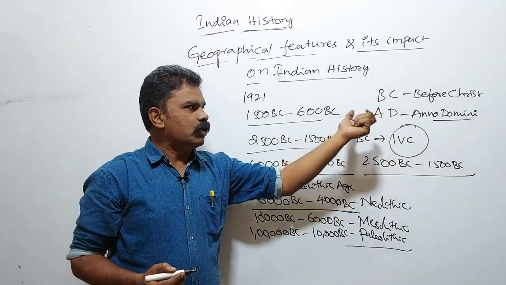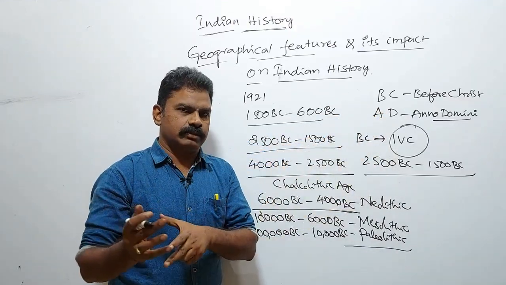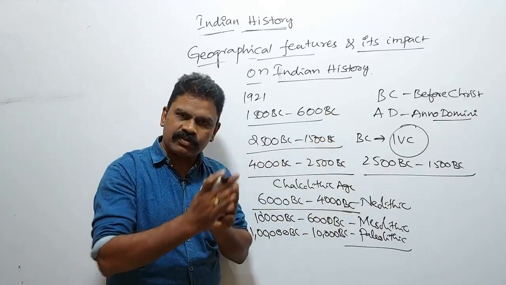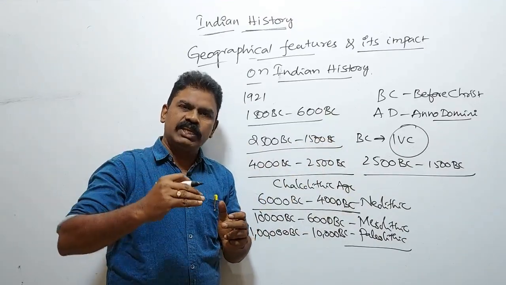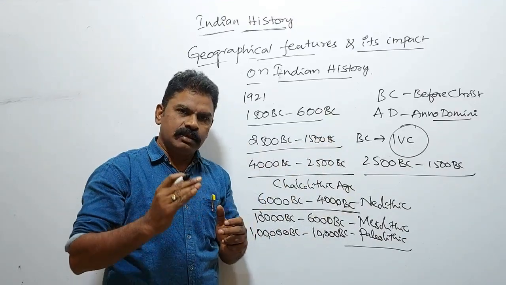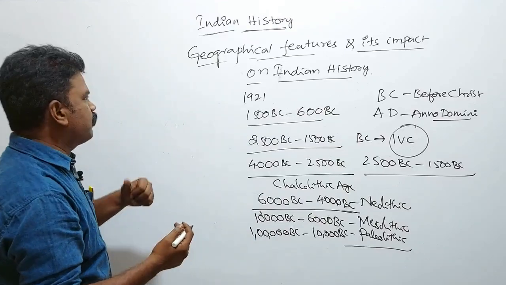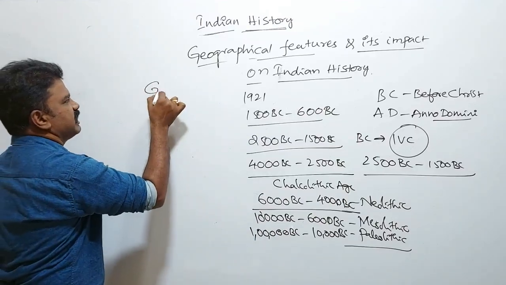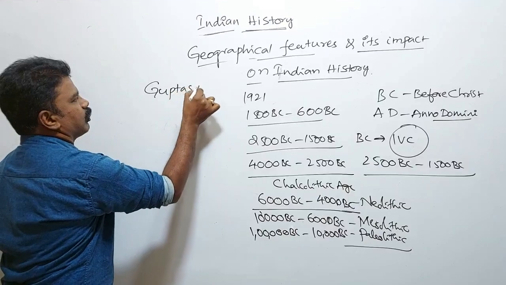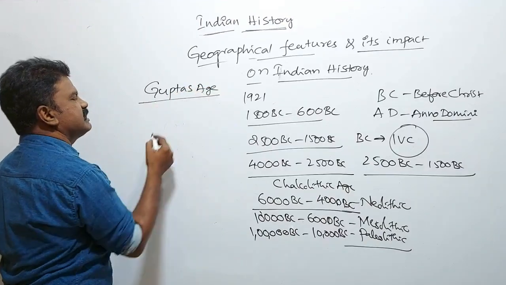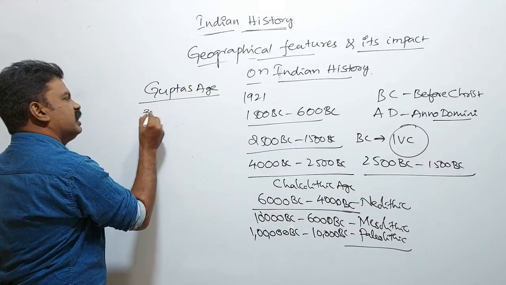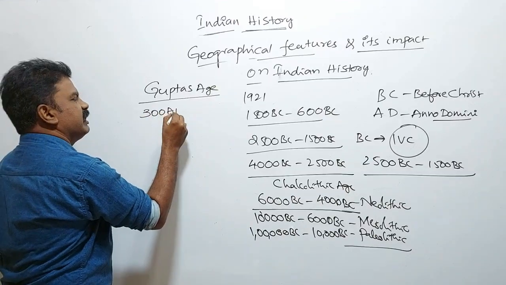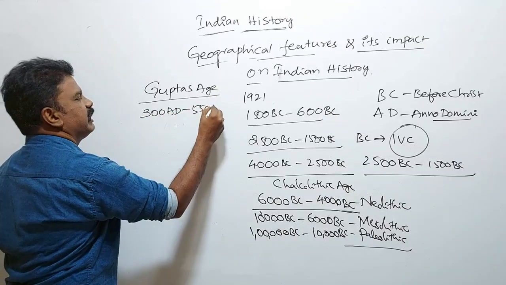AD, Anno Domini, the era of the Lord started. These years go from beginning to top, that is ascending order. For example, take the Gupta age, from 300 AD to 550 AD.